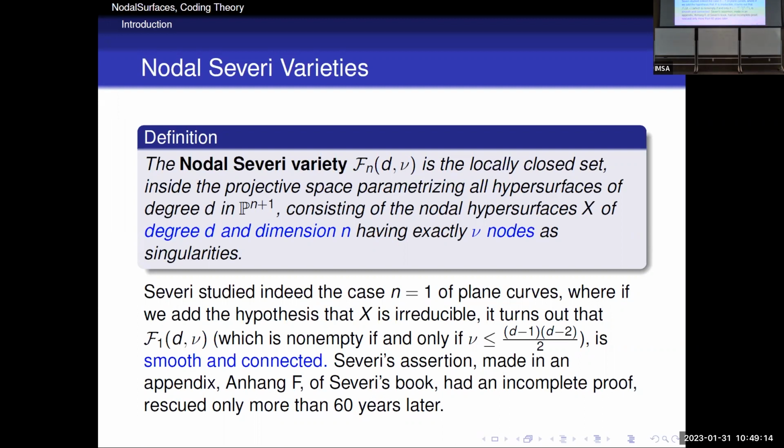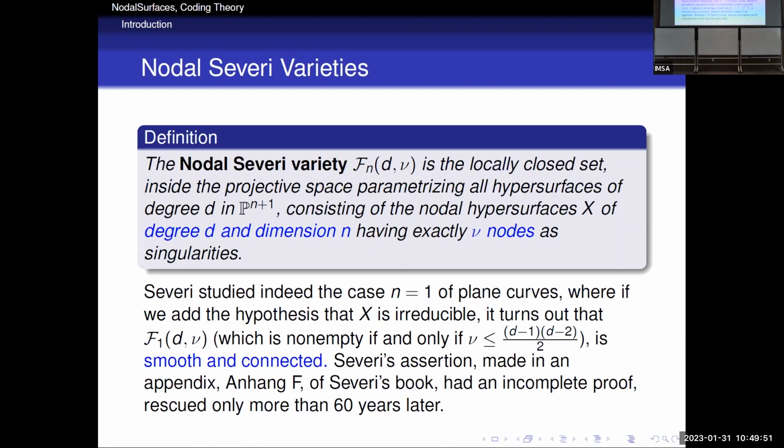Because in the case of dimension 1 of plane curves, where in this case you have to add the hypothesis that X is irreducible, it turns out that everything is now known: the Severi variety of degree d curves with nu nodes is non-empty if and only if nu is any number between 0 and the geometric genus of the curve, (d minus 1)(d minus 2) over 2. And this is smooth and connected.